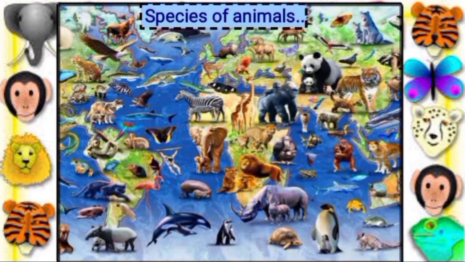If you have ever observed your own backyard or looked at books about animals, you have noticed that there is a lot of diversity among animal species all over the world.